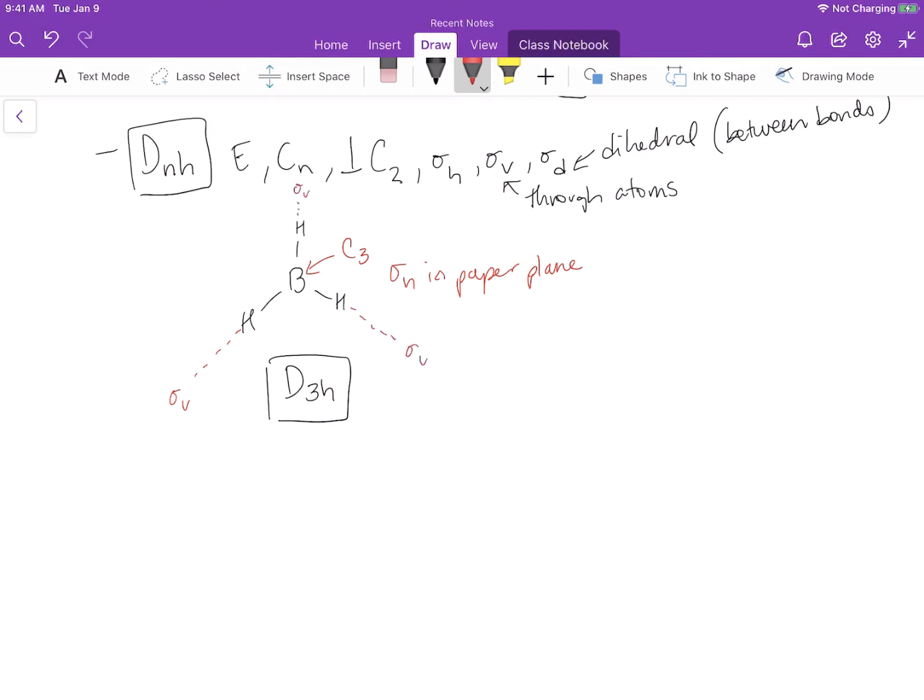And then we also have perpendicular C2 along those sigma V's as well. Another one that we've spent some time looking at is ferrocene. Eclipsed. So this is D5H.